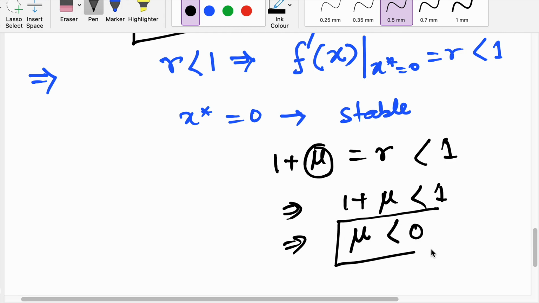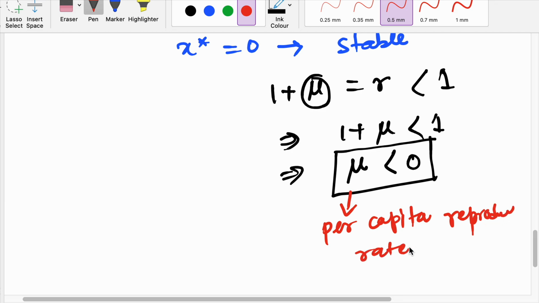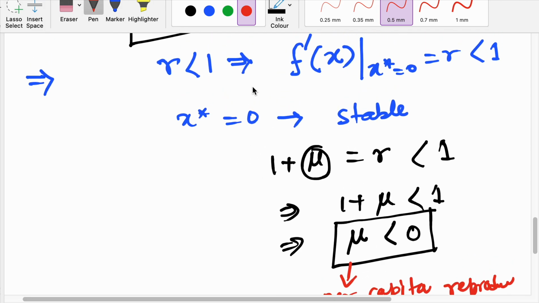It means mu is less than 0. So it says that if the per capita reproduction rate becomes negative, then the population will go towards x star equal to 0, towards extinction.